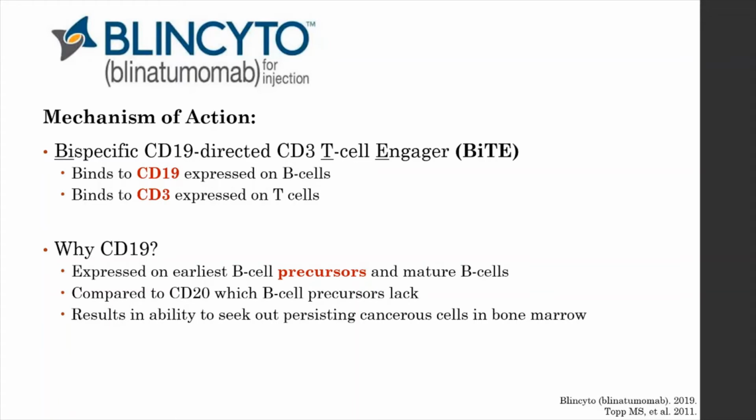Well, it's expressed on even the earliest B cell precursors and mature B cells, in comparison to something like CD20, which is only found in mature B cells. So this becomes important, especially in patients like ours, where he has mostly precursor disease. And this results in Blincyto having the ability to seek out those persisting cancer cells in the bone marrow.